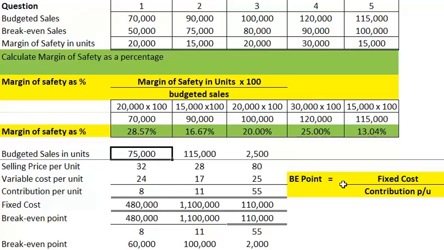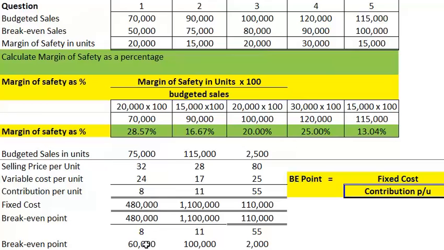We know break-even point is fixed cost divided by contribution per unit. In this question we are given fixed cost of 480,000. We will divide 480,000 by 8 pound contribution per unit.